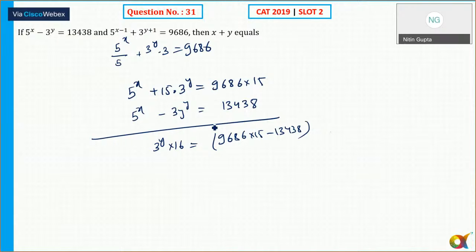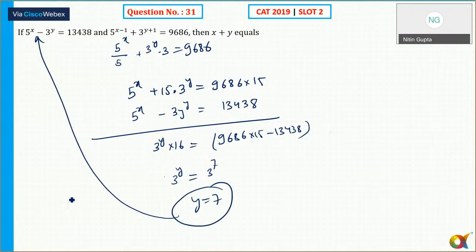So now we just need to solve this equation here. This will be 3 raised to power y and 16 here. So I think this entire expression will be divided over 16. You'll get 3 raised to power y, which comes out to be equal to 3 raised to power 7. So y is equal to 7. If y is equal to 7, substituting this, you'll get the value of x equal to 6. So the answer is 6, 7.